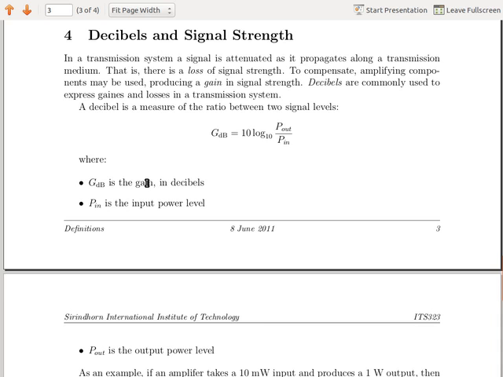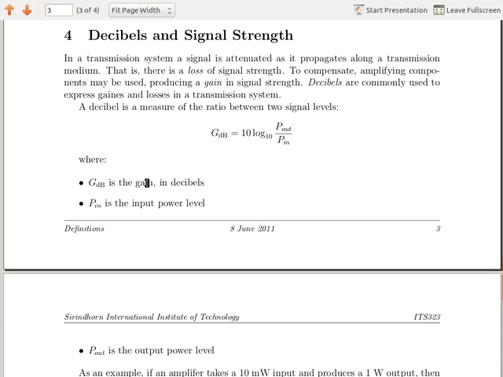So, make sure you understand decibels, that they are used to express a ratio between two power levels in a logarithmic manner. We take the log and multiply by 10. Understand the concept of gain and loss.